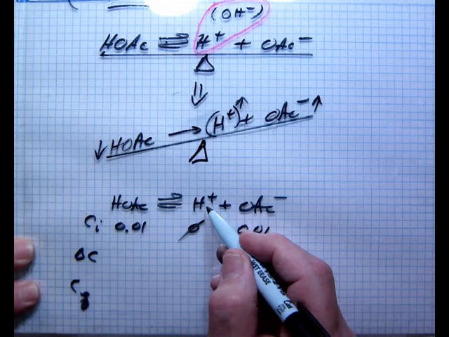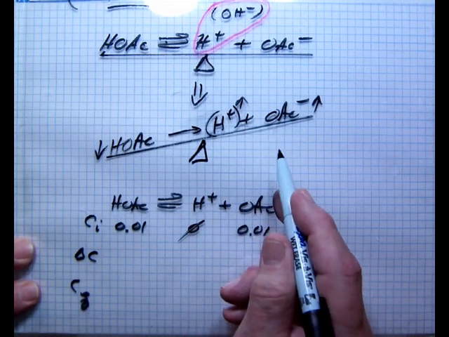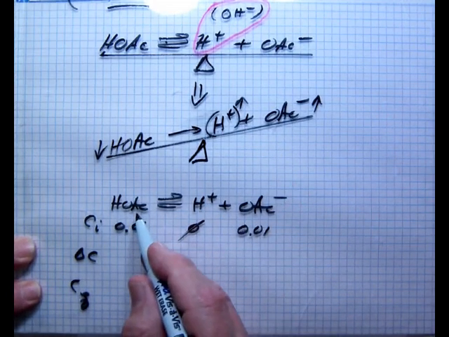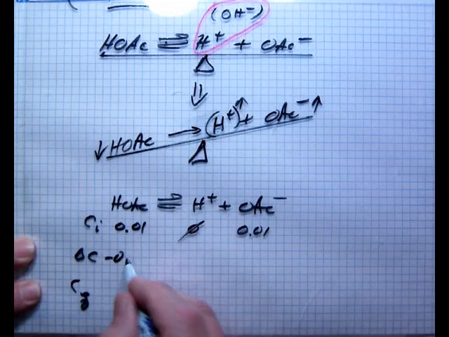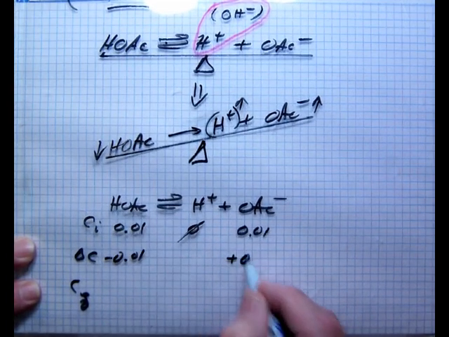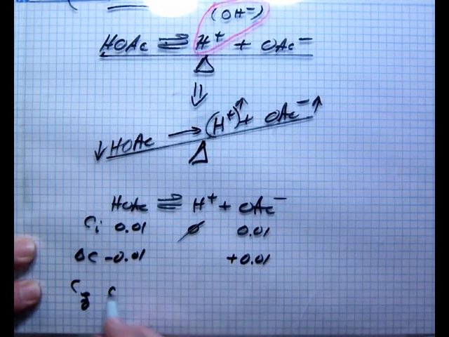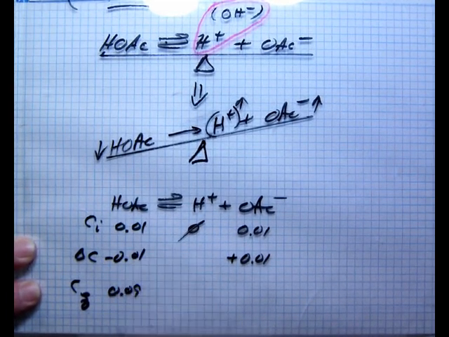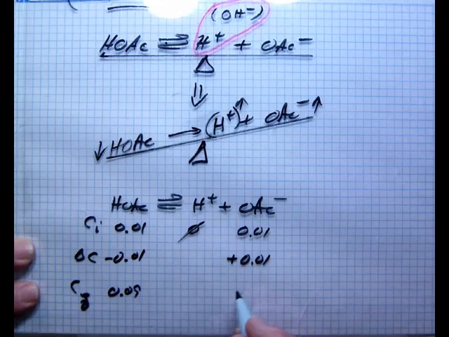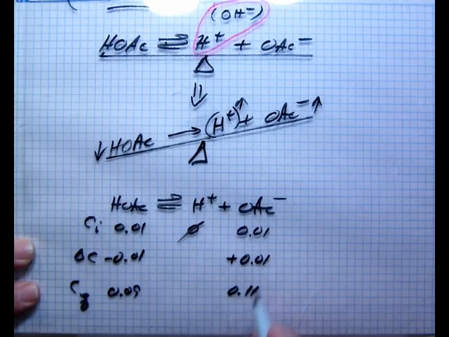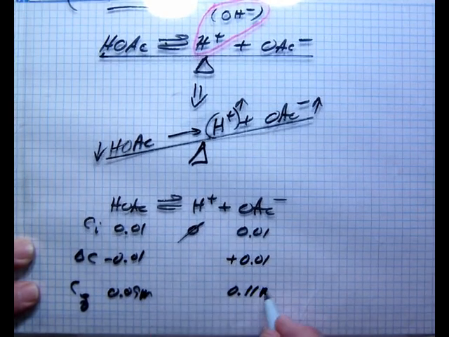So the OH has to remove this, causing this to go down 0.01 and this to go up by 0.01. And this time we'll have 0.09 on that end of the equilibrium and 0.11 on this end of the equilibrium, molar.